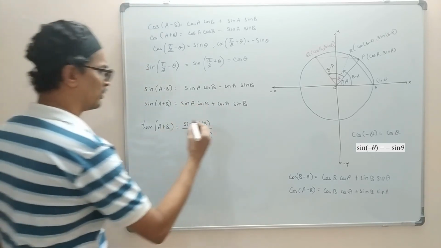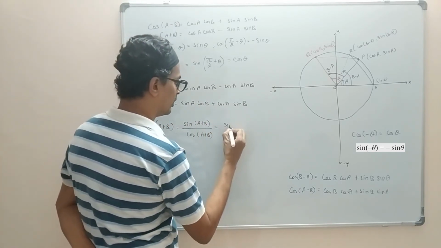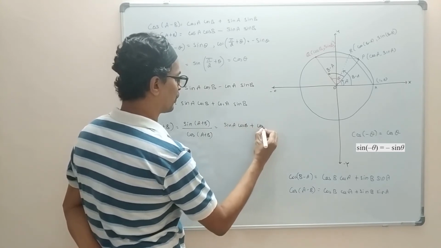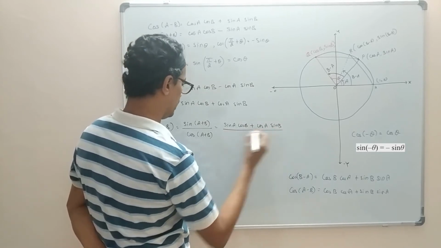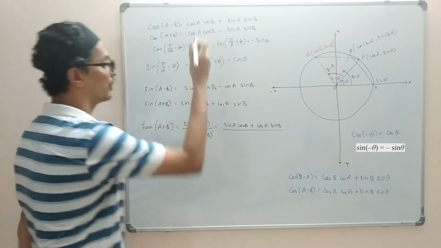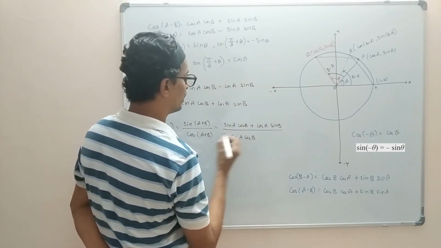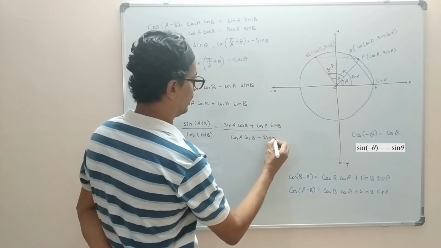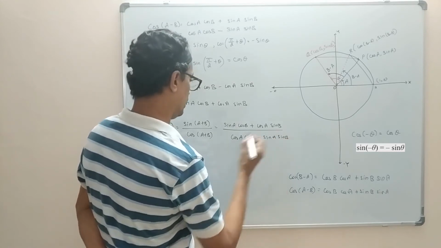Sin(A plus B) is sin A cos B plus cos A sin B, divided by cos(A plus B), that is cos A cos B minus sin A sin B.